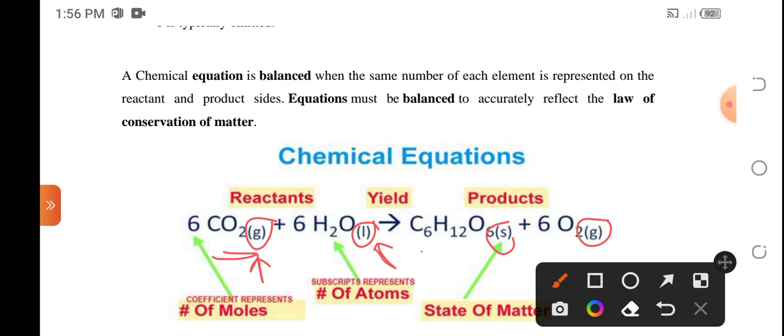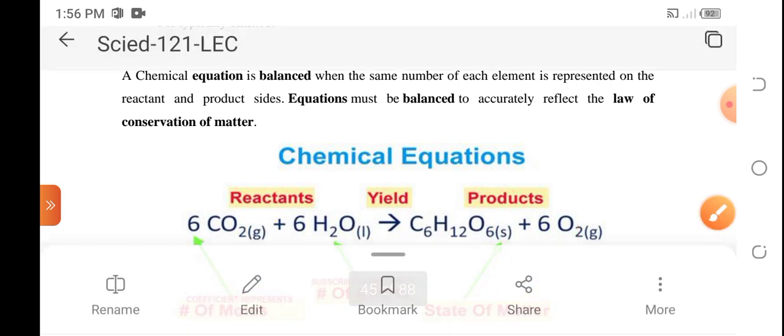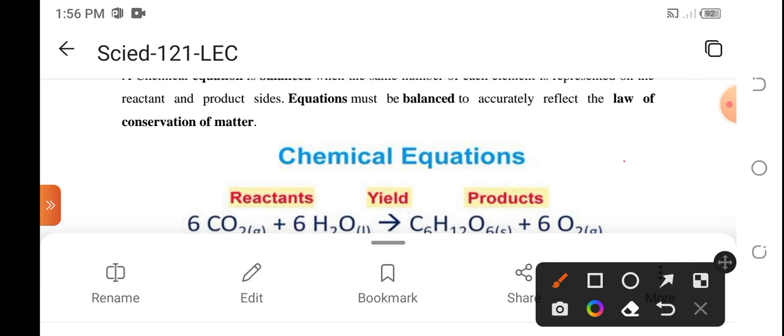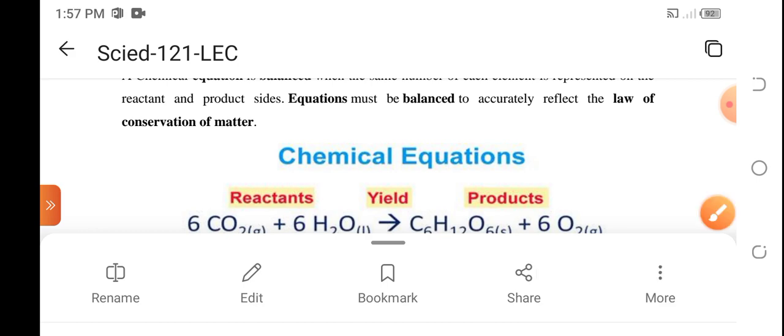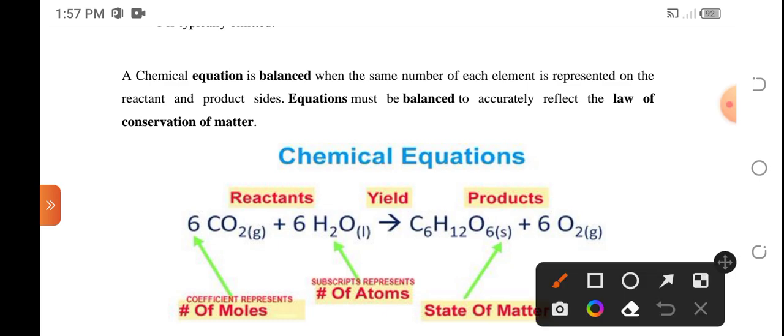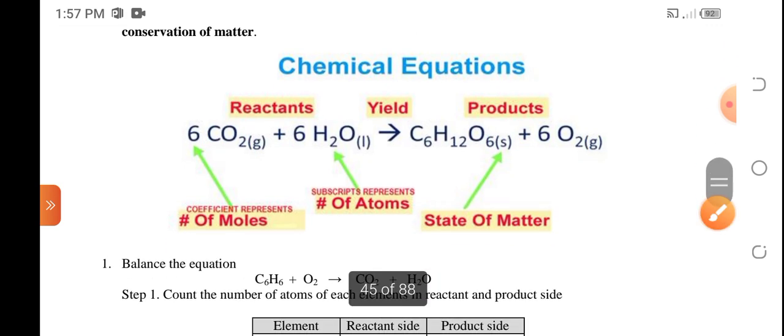And you have here C6H12O6, possibly glucose. This could be in solid form. And again, oxygen is in gaseous form. So this small label written after each formula is actually the state of matter. Okay, so that's for the chemical equation.